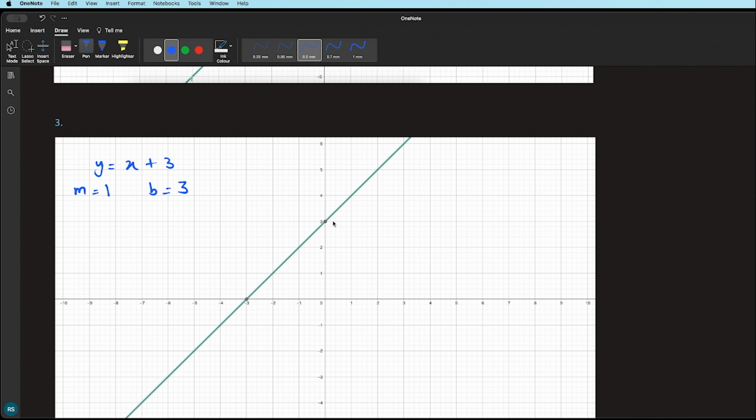So that's why b equal to 3. And similarly m equal to 1. So if I run on the x-axis by unit 1, and rise upwards by unit 1, my delta y by delta x equal to 1, which is my m.